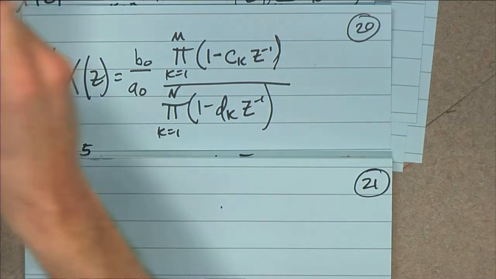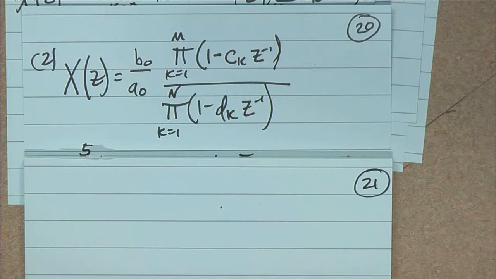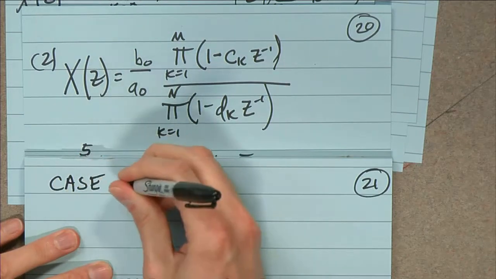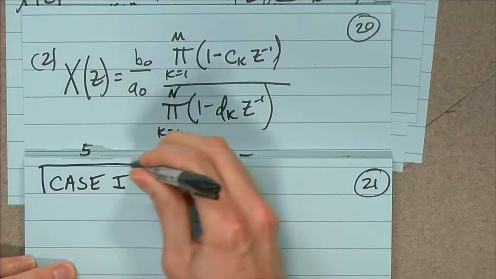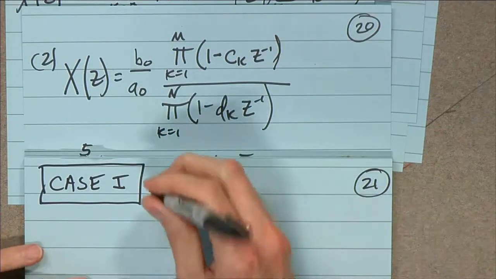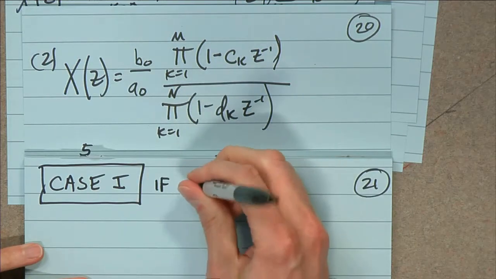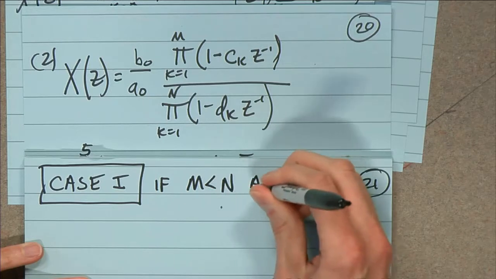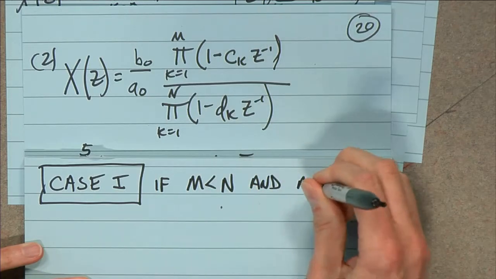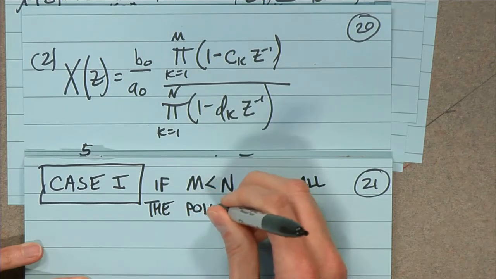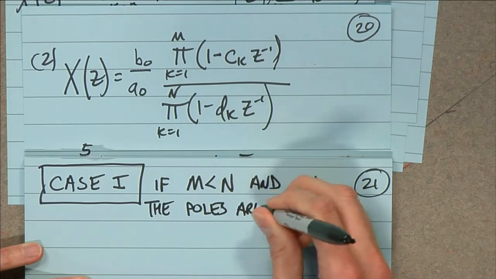We're going to divide it into two cases. There are more, but I think two's enough to get the point for what we're trying to do. So what I'm going to call case 1 is the case where m is less than n, and all the poles are first order.